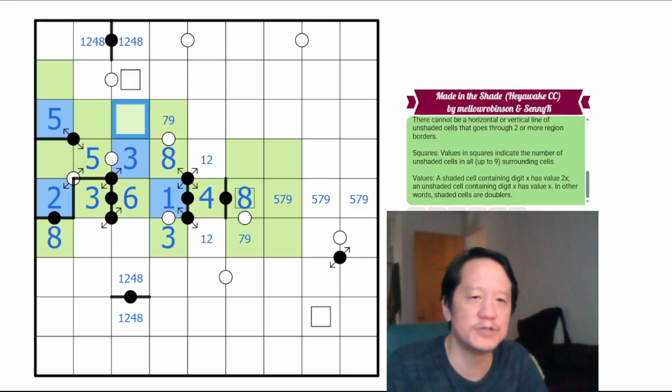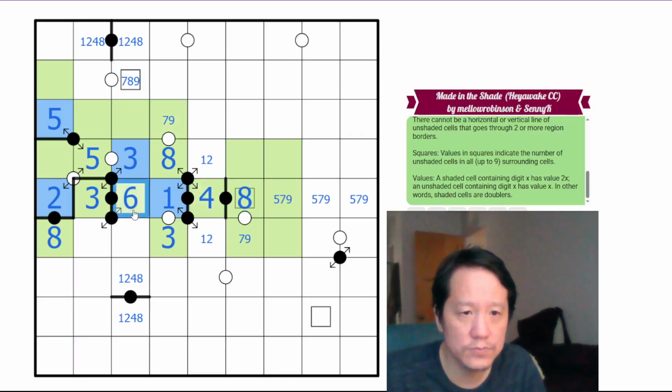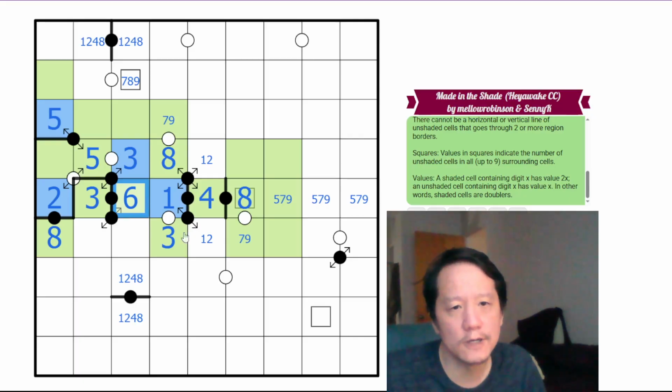So it can't be 6, it's 7, 8, or 9 here. Okay, we know this cannot have a boundary. Obviously, all the white circles cannot have boundaries. That's all we really know there.